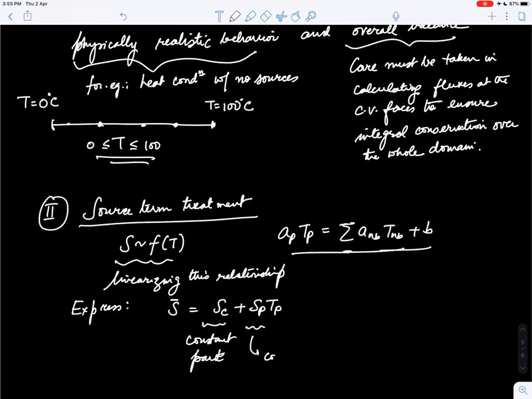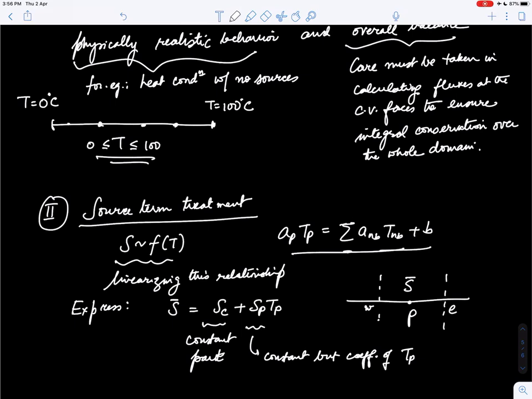And Sp is also a constant, but it is just a coefficient of Tp. Remember, we are doing this for a volume surrounding point P. So this is E, this is W. We are looking at how S bar would be in this volume.